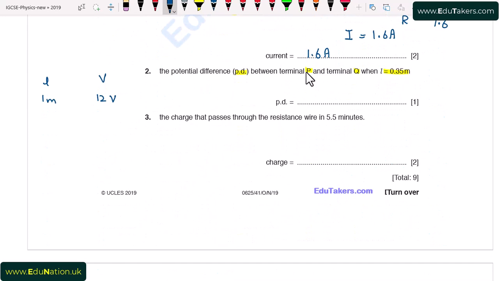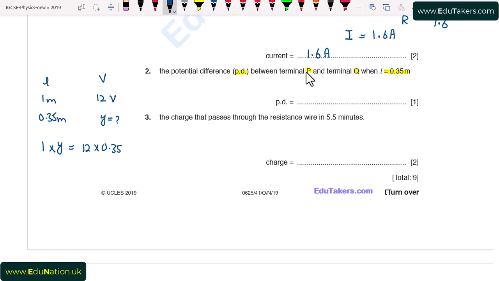Second, here length is given 0.35 meter. But we don't know the value of voltage. We have to find it out. I suppose that it is equal to Y. Here we have to find out the value of Y. So we just cross multiply these. I write here 1 multiplied by Y will be equal to 12 multiplied by 0.35.